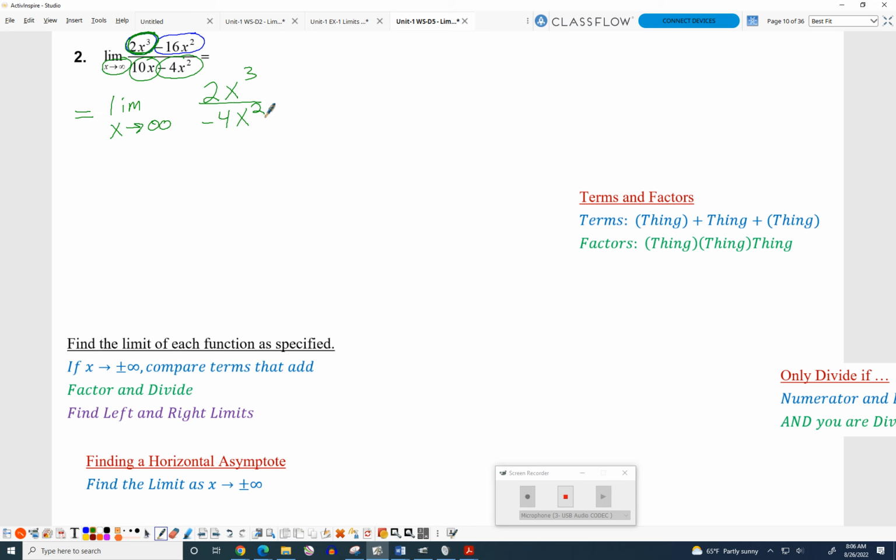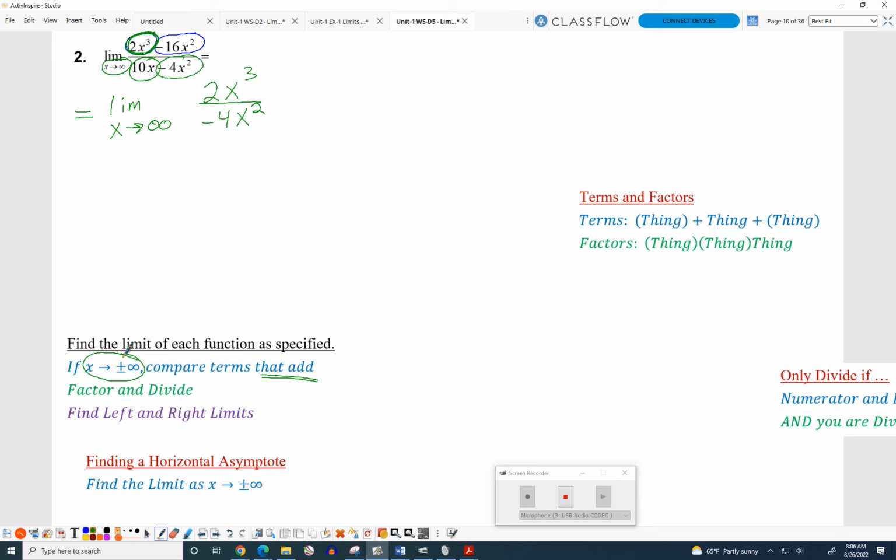So when you write that out, you just choose the ones that are a higher power. When you're comparing power functions that are adding, and x is approaching infinity, we only need to pay attention to the highest power function. Just make sure you only use this method if x is approaching infinity or negative infinity.